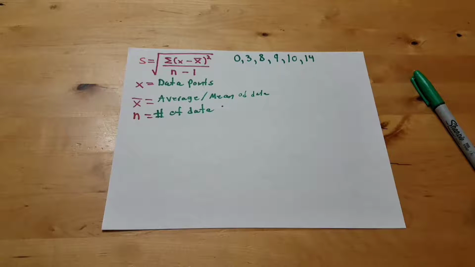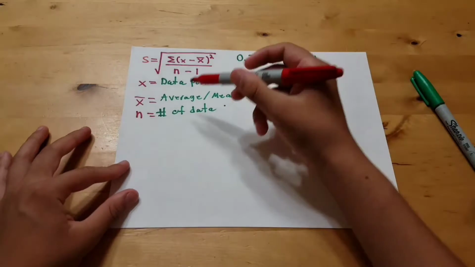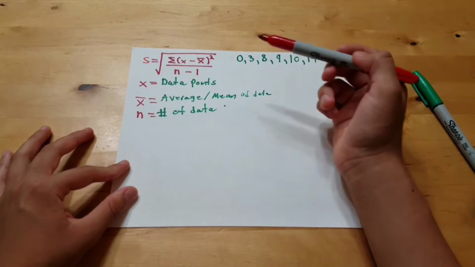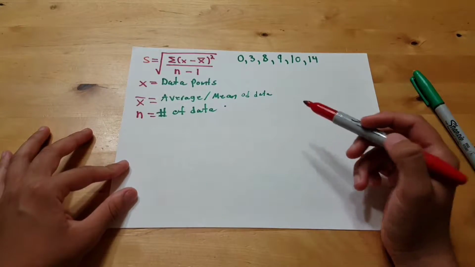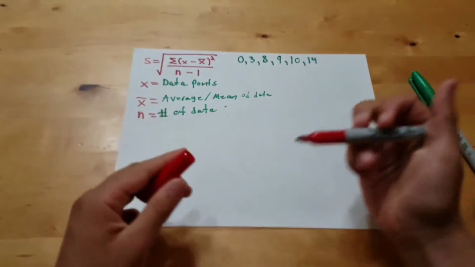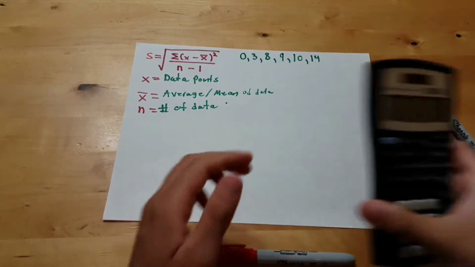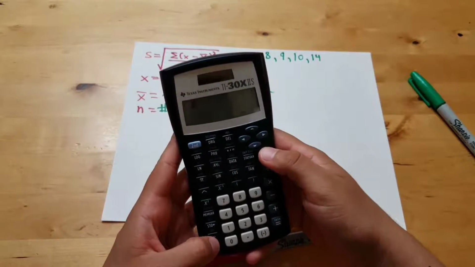First things first, you want to find the average, or X with the line over it, the mean of the data set. So let me calculate this real quick.